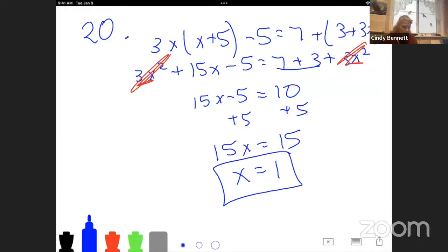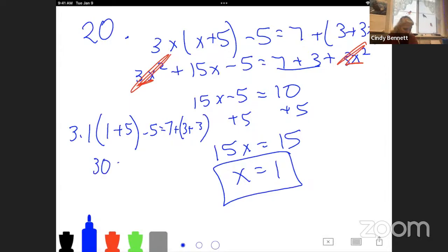Okay, then you plug it back in. It says verify. 3 times 1, 1 plus 5 minus 5 equals, okay, 7 plus 3 times 1, which is 3. So 6 times 3 is 30. Let's see, 6 times 3 is 30 minus 5 is 25 on that side.